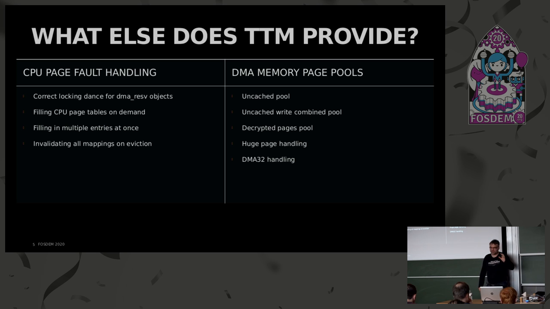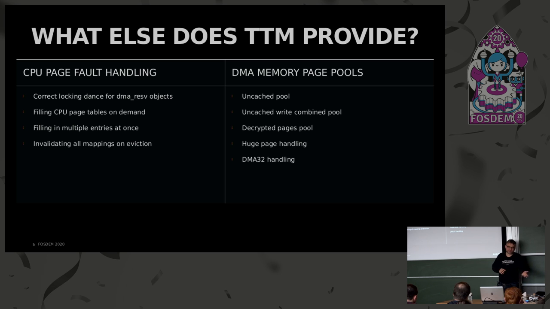And that can take quite a while. So what the memory page pool does is, when those pages are freed up, their caching policy is not changed back immediately, but instead we put them into a pool. So on the next allocation, we can serve from that pool instead of asking the core operating system for free pages.